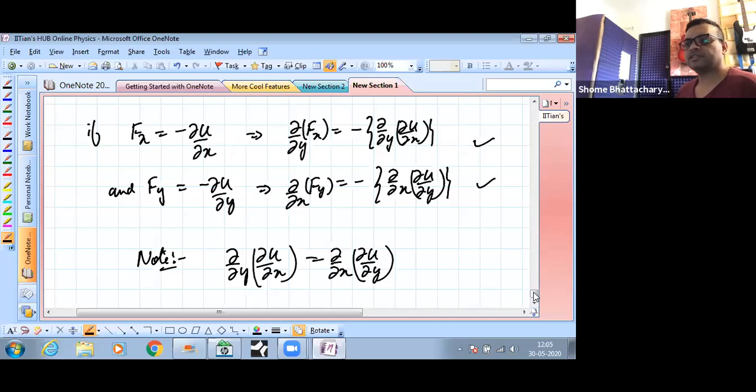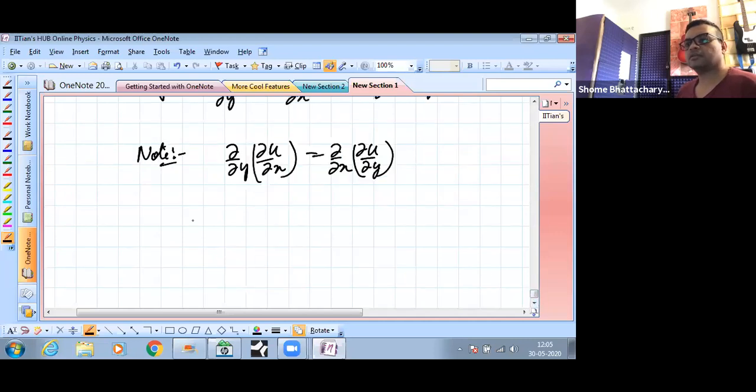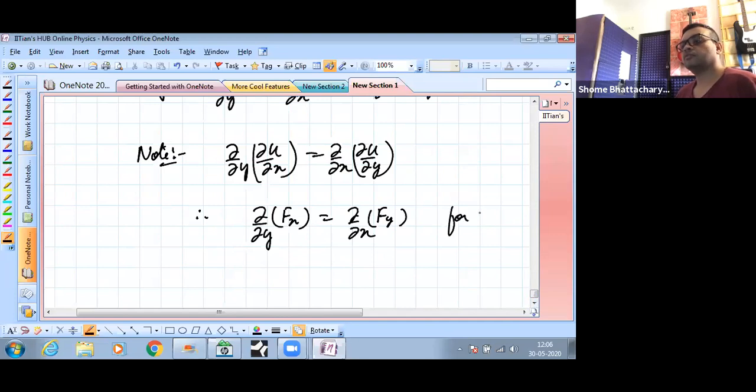That is why del by del y of Fx must be equal to del by del x of Fy for the force to be equal to the negative gradient of potential.